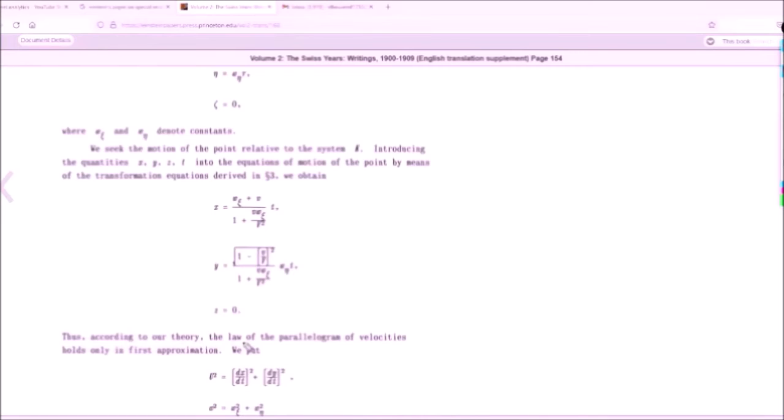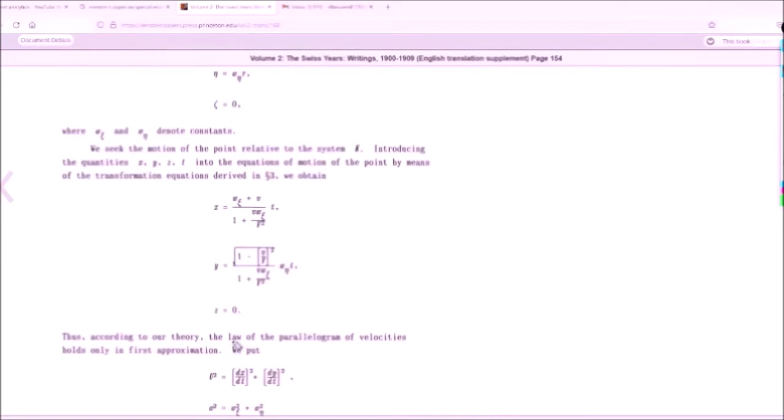Thus, according to our theory, the law of parallelogram of velocities holds only in the first approximation, but parallelogram means Pythagorean addition of velocities.